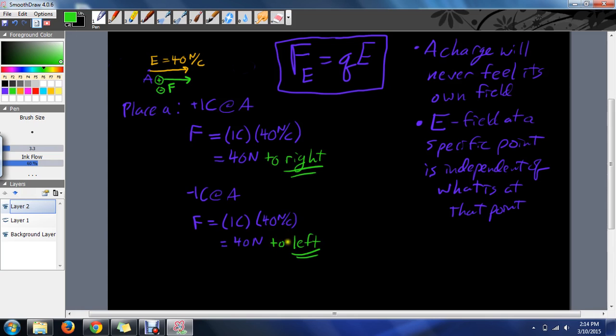Emphasize the word, because positive and negative is kind of arbitrary. So if I have a negative charge, it just experiences a force to the left, which you can certainly look at as a negative force, which is not wrong. So I can even put that there if that helps you. But the negative sign here just means to the left. So just be careful to interpret that properly. Right? So I almost want to erase that. It doesn't look right to me. What looks right to me is 40 newtons to the left.